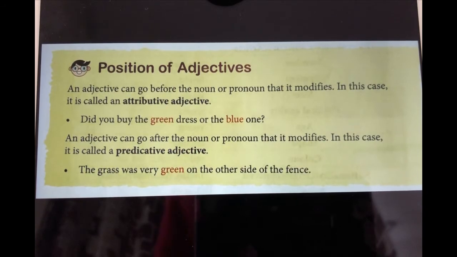Then what is predicative adjective? Predicative adjective is the opposite of attributive adjective. That means you're writing the adjective after the noun or pronoun that it modifies. In this case, you call it a predicative adjective. Suppose the example here, the grass was very green on the other side of the fence. So here you're writing the adjective after the noun, even after the auxiliary verb.